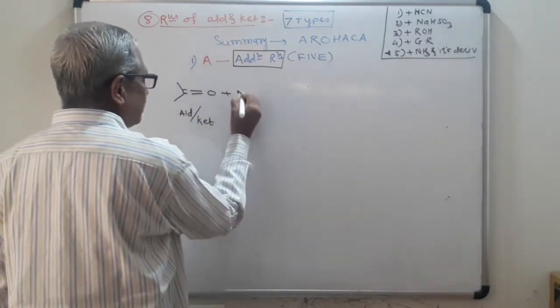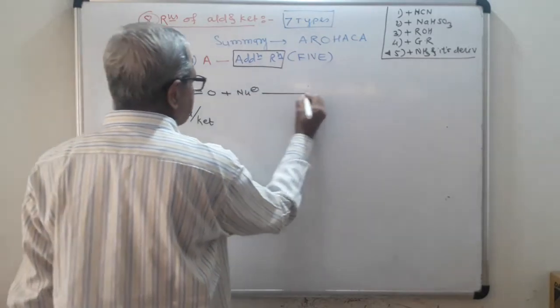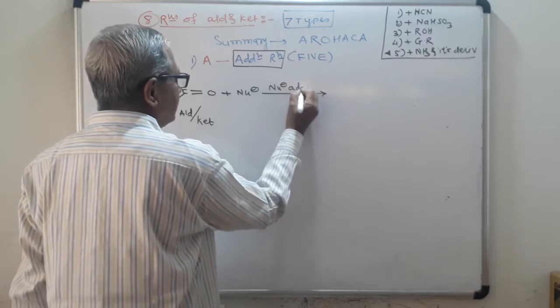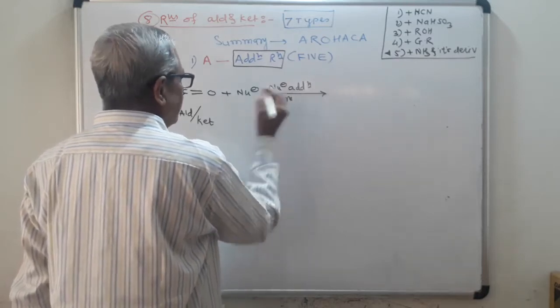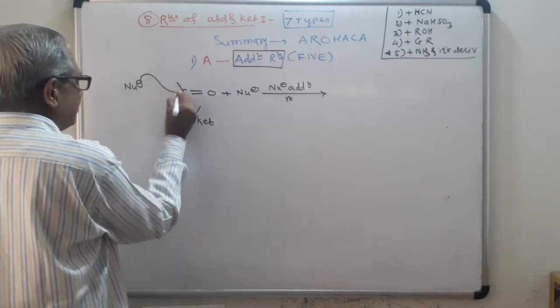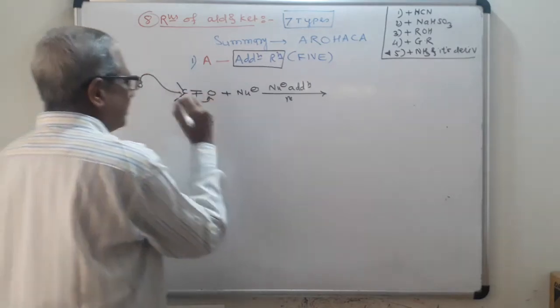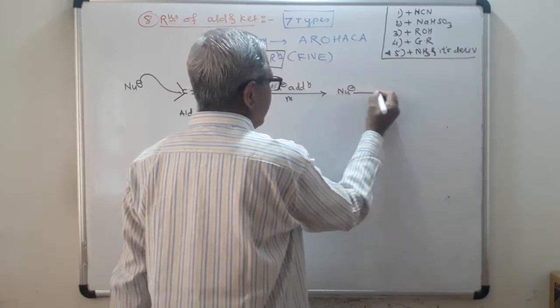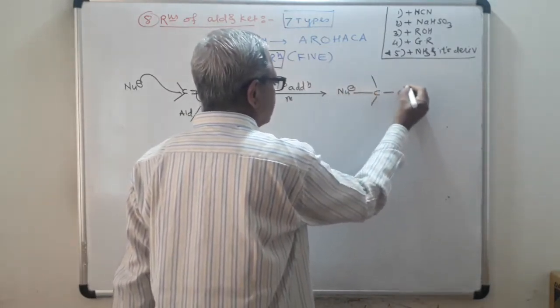Aldehydes and ketones undergo nucleophilic addition reaction. So write on the arrow, nucleophilic addition reaction. See, the nucleophile will attack from the opposite side of the carbonyl group. The pi bond will be broken here. So you will get here the nucleophile directly attached to this oxygen atom.